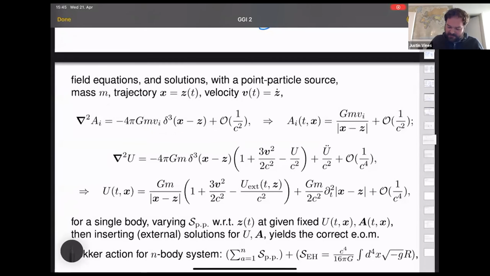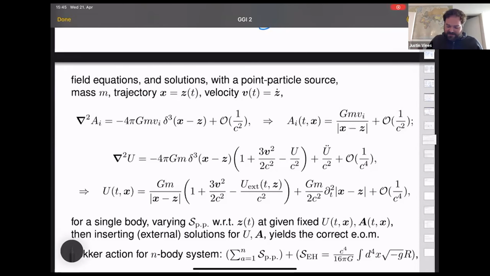It's just the momentum of the particle essentially times G over the distance of the field point from the position of that particle. And recognize again, both the field equation and its solution represent instantaneous action at a distance. So at some time, the particle has some position and some velocity.